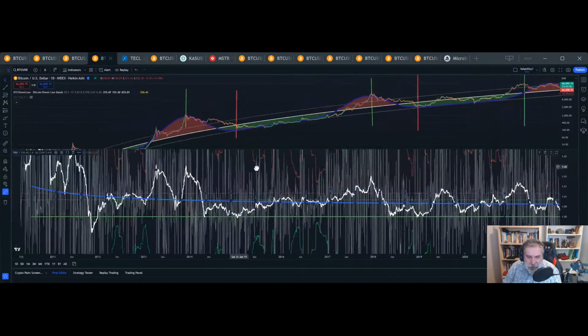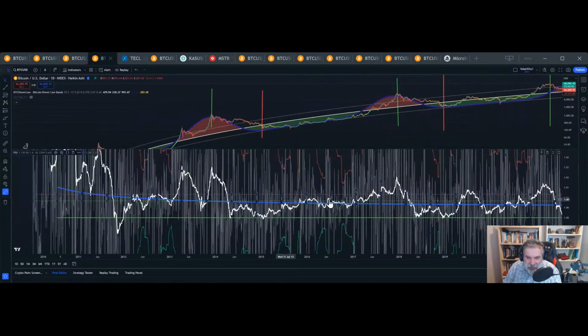But you see how the blue line goes down in time, because early on we were making more than 1% a day. But if you compound that, it's an enormous quantity of money. Every year you could have made many times your investment. But you can see over time the blue line goes down.